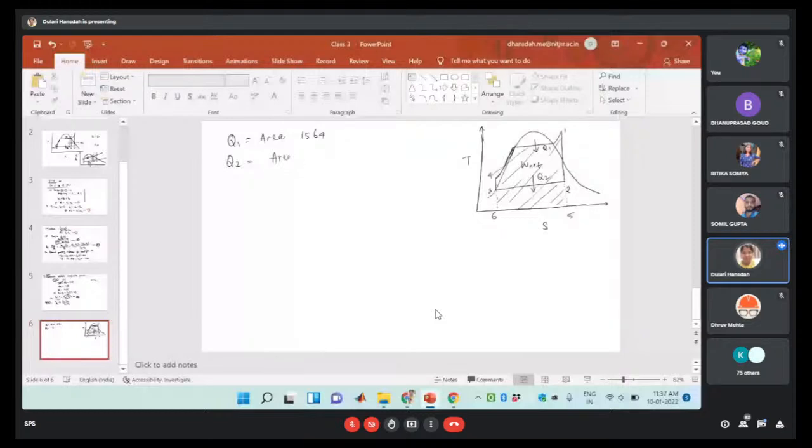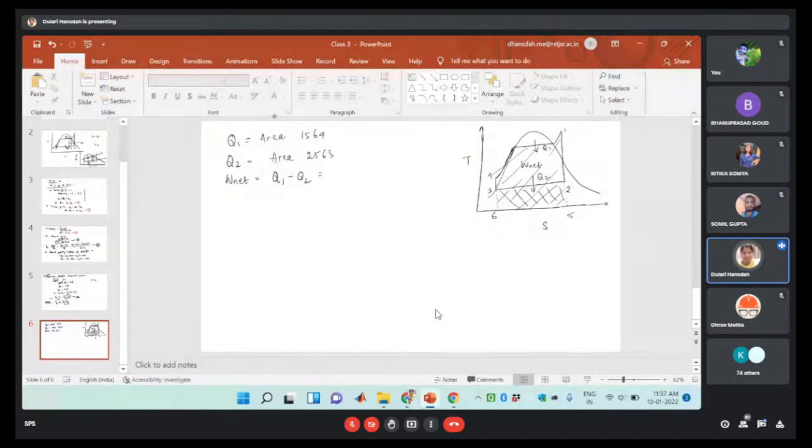Similarly, W net can be represented with the help of the area. W net is nothing but Q1 minus Q2. If we neglect this whole area, then the net work will be this much.